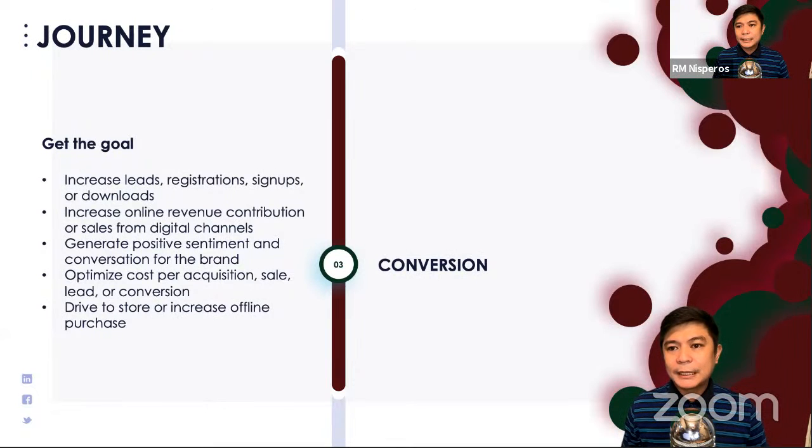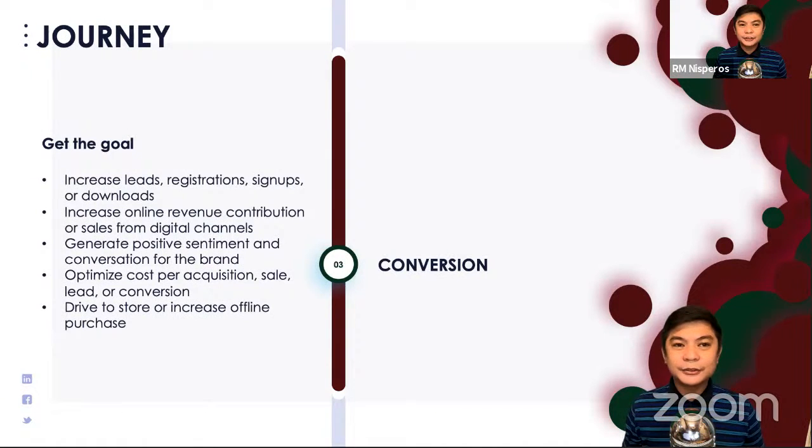It's always about generating positive sentiment in every journey. That's very critical. And in the conversion stage, it's about optimizing cost per acquisition, because you always spend something for your marketing plan.